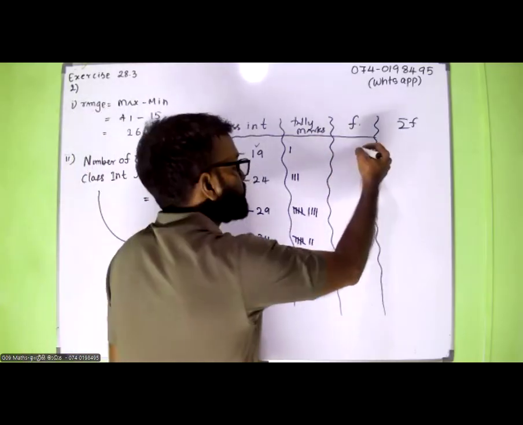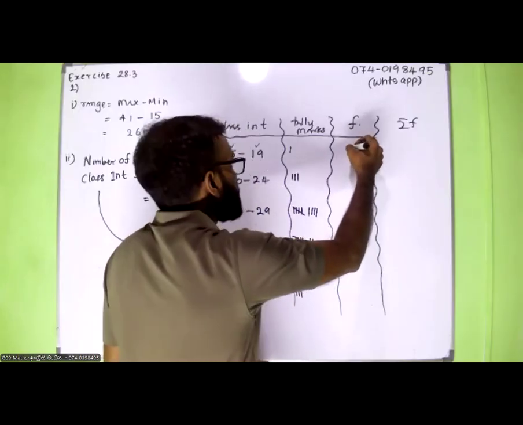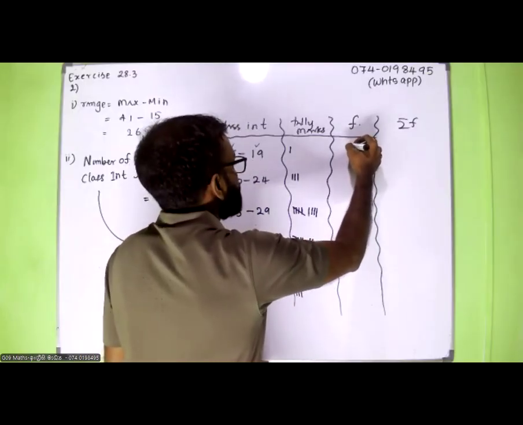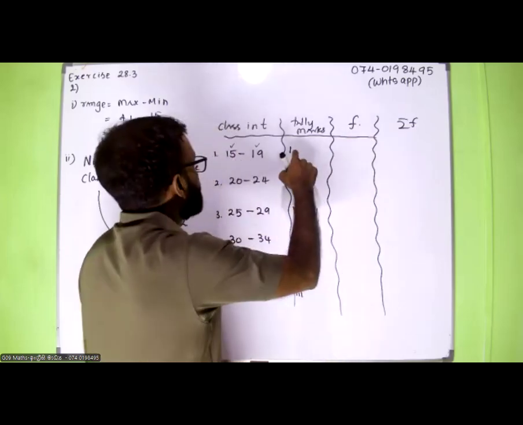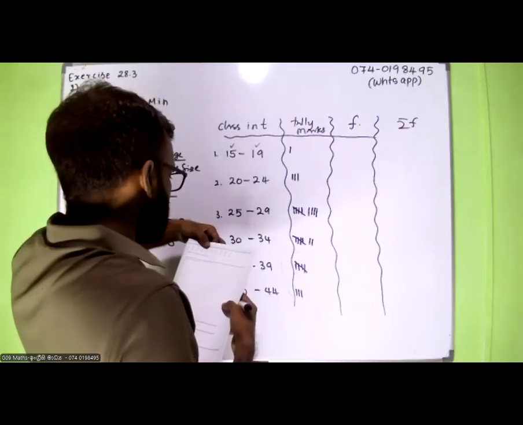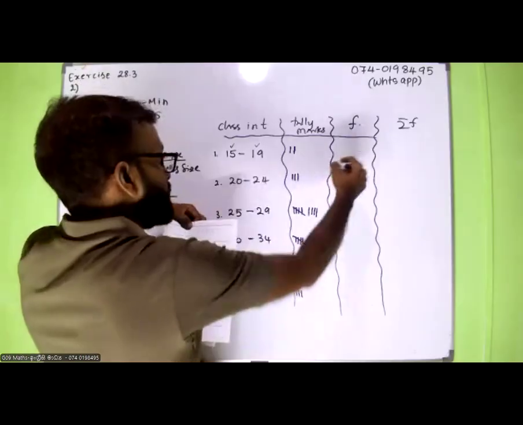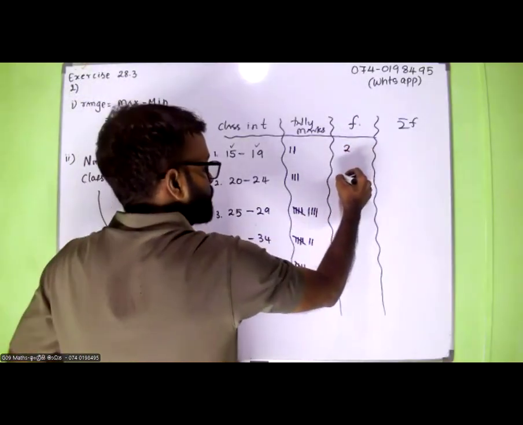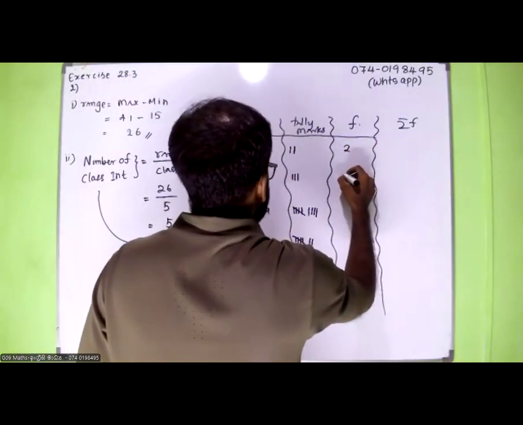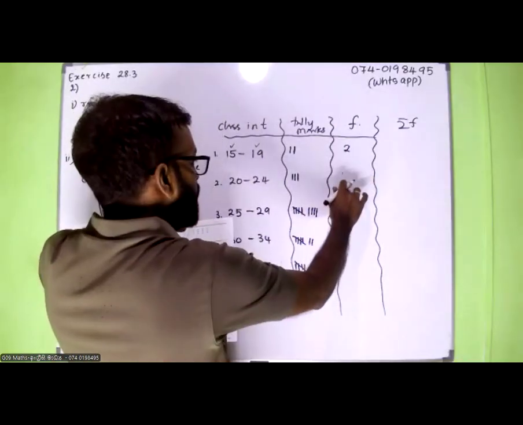Tally again. Frequency table. Oh, no, no. There should be another one. 16. I have missed that. 16, there should be 2. Then 2, 5. 20 to 24, 3.